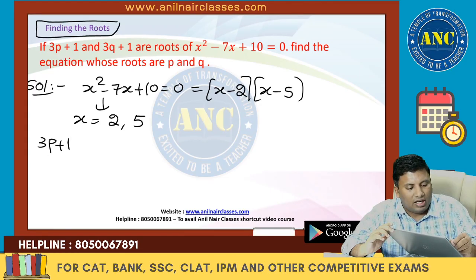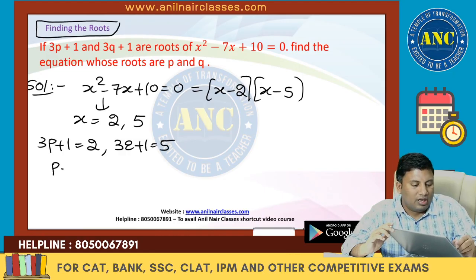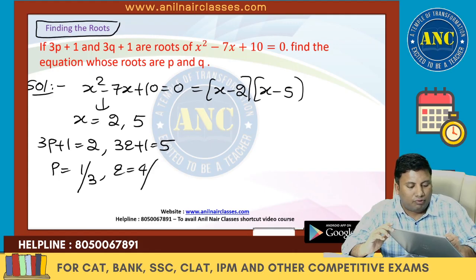3p plus 1 is one root of this equation. 3q plus 1 is another root of this equation. p is nothing but 1 by 3. q is nothing but 4 by 3.